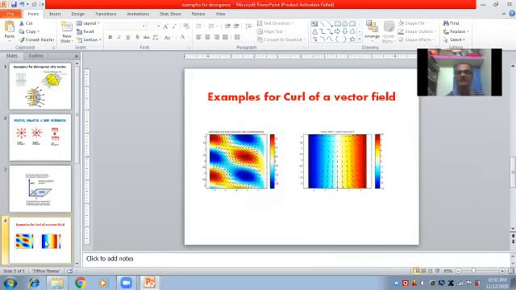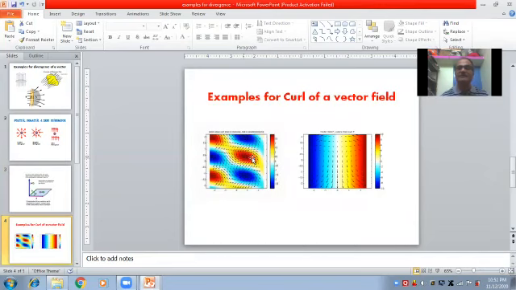And there are some examples for curl of a vector field here. Here the flux lines are the motion of a fluid. You can see they are not going straight. They are rotating here. In some places they are rotating, then moving like that. So something is curling or rotating here.